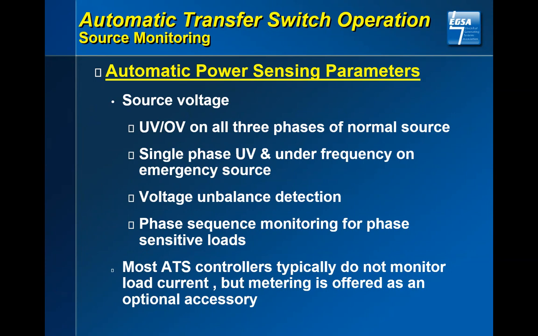Most ATS controllers do not monitor current. We are only typically looking at voltage and frequency. Those are the two parameters required in order for a transfer switch to transfer. If you want to know metering capabilities such as amperage, kW, kVAR or such, you may have to pick up an additional device such as a meter of some type.